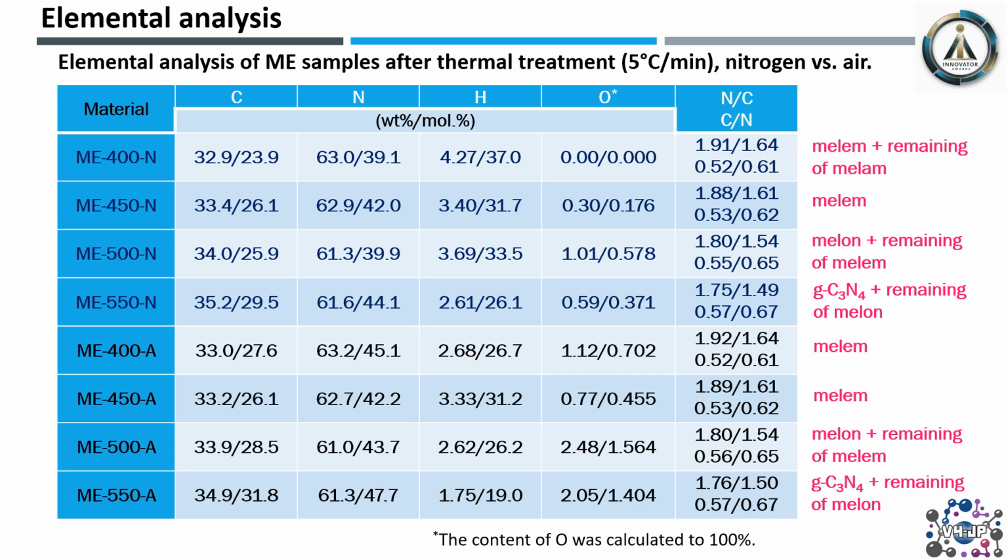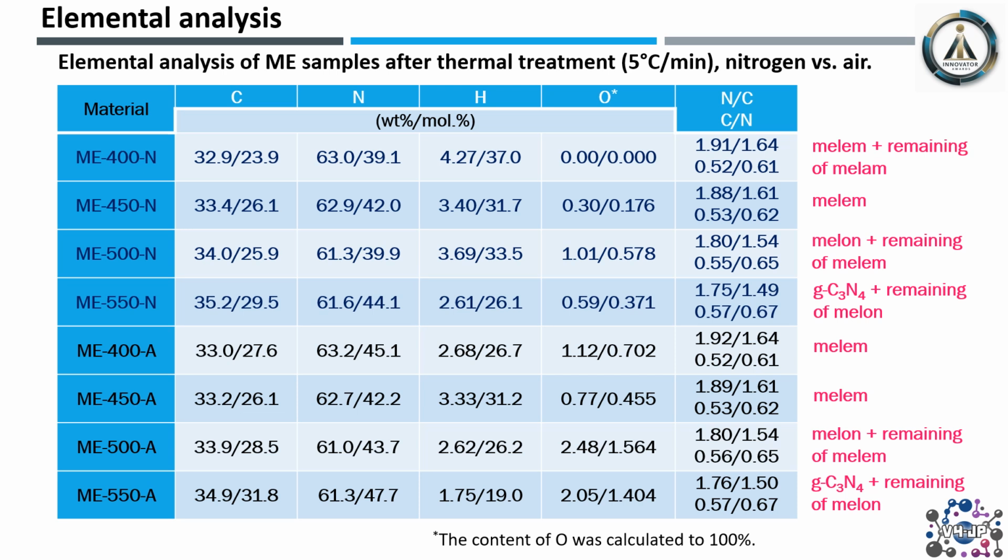With an increase in heating temperature by 50 degrees, melem was formed in both cases. Later, when the annealing temperature was 500 degrees, we observed the formation of melem structure that was predominant, with some remaining melem.